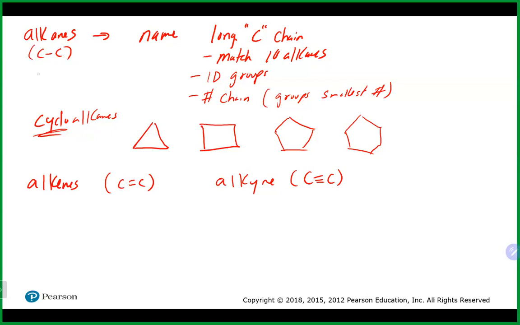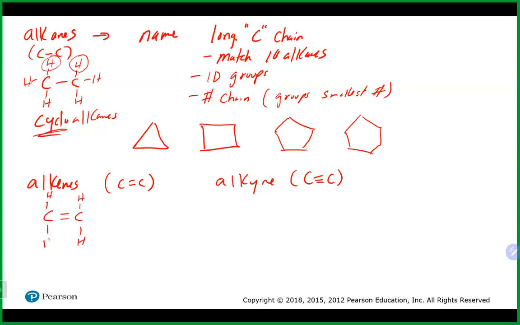So again, a couple of things that we touched upon. If you have an alkane, which is all single bonded, this is a saturated hydrocarbon, the most hydrogens it should have. Remember that we sacrifice 2 hydrogens every time we put a bond on it. So as we would double bond this, we would lose 2 hydrogens.